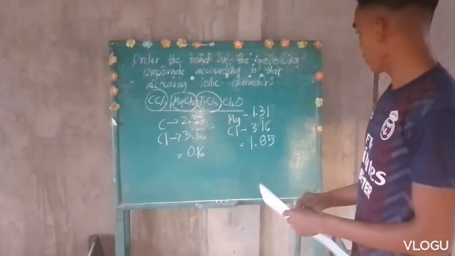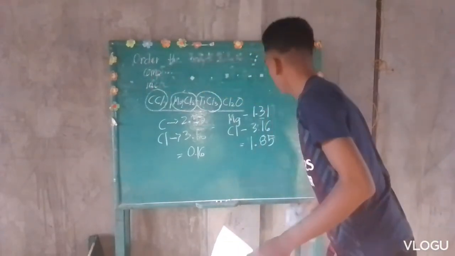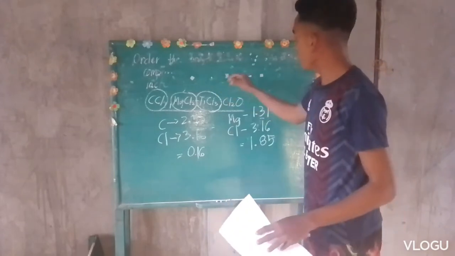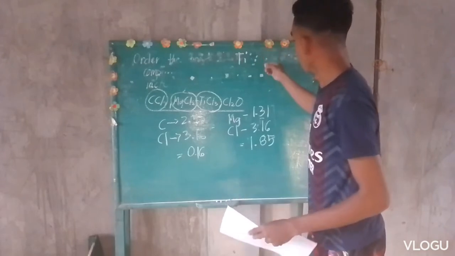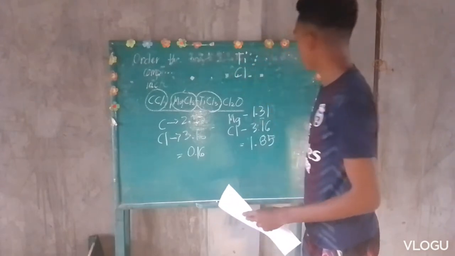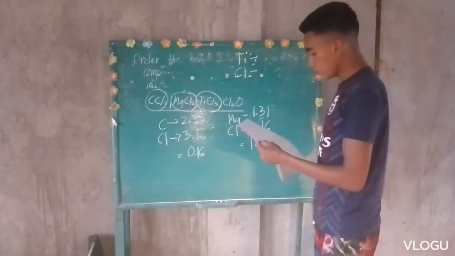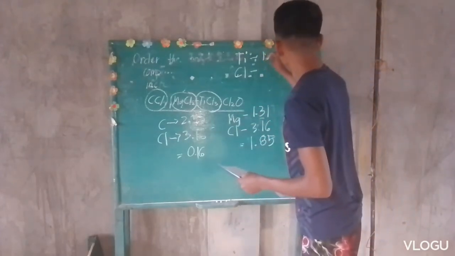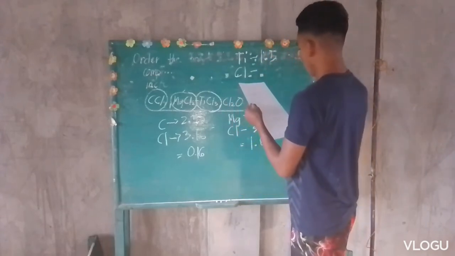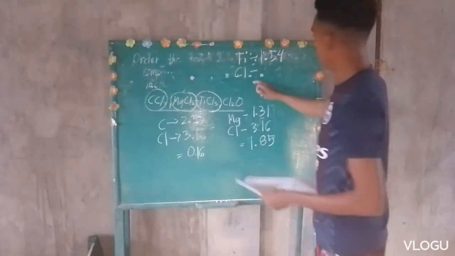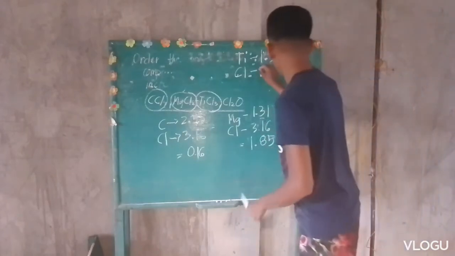So let's proceed to this third element. Our third bond is titanium and chlorine. The electronegativity of titanium is 1.54, and the electronegativity of chlorine is 3.16.